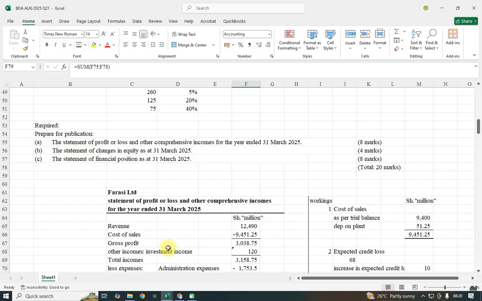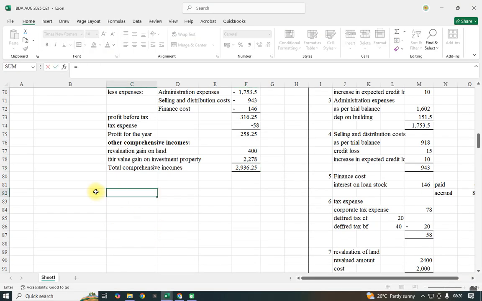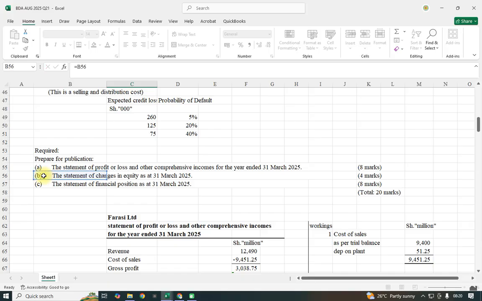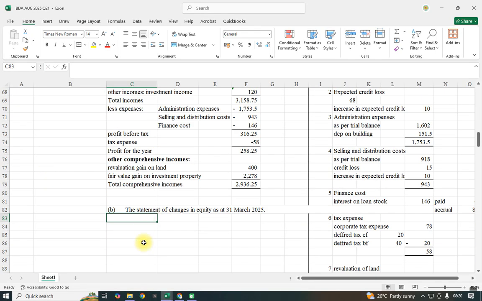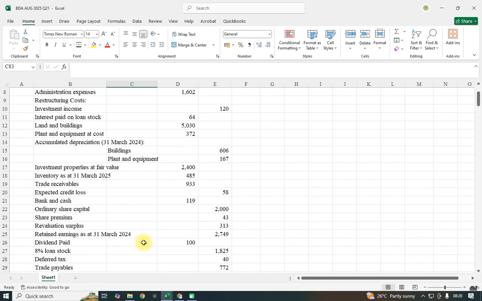Then the second part of it is the statement of changes in equity. And our equity, we just need to know what it comprises. We have ordinary share capital, share premium, revaluation, and the retained.